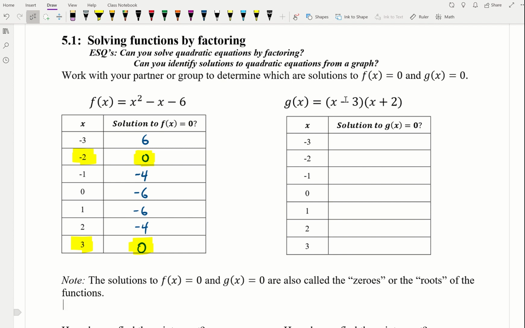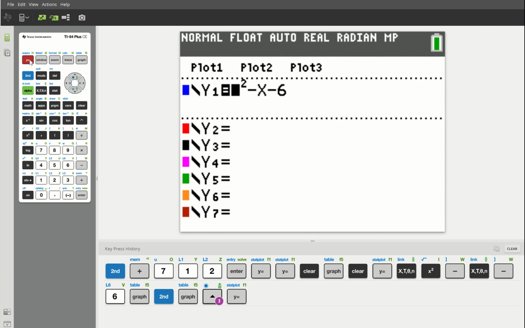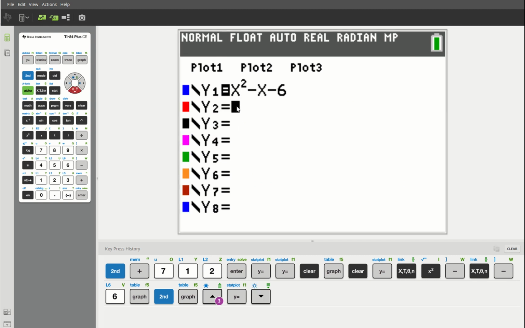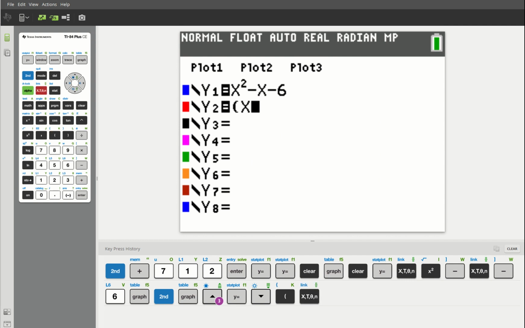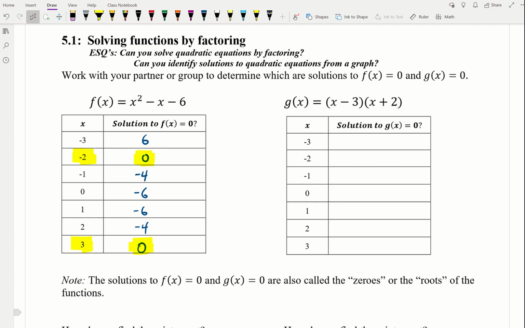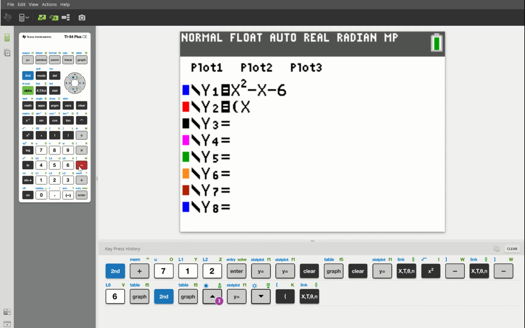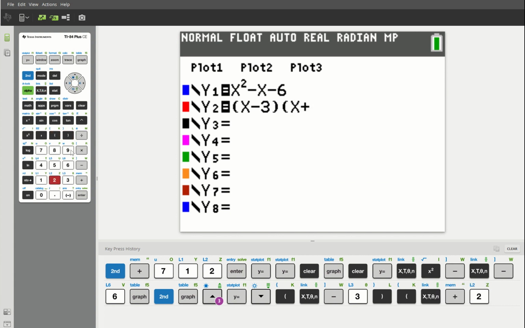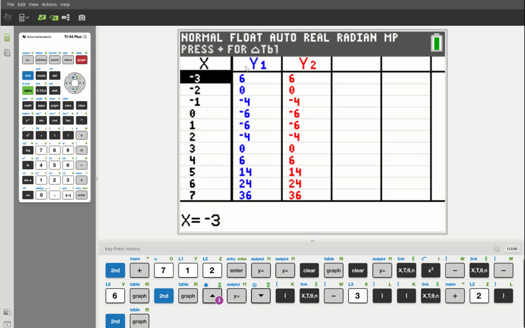Now, I'm going to go ahead and type in g of x as well. So we'll go back and we're going to go y equals, we're going to arrow down to y2. And then in parentheses, we have, let me see the factors again, -3 and +2. So x -3, parentheses, and then x +2. We want the table again, so we're going to go second table.